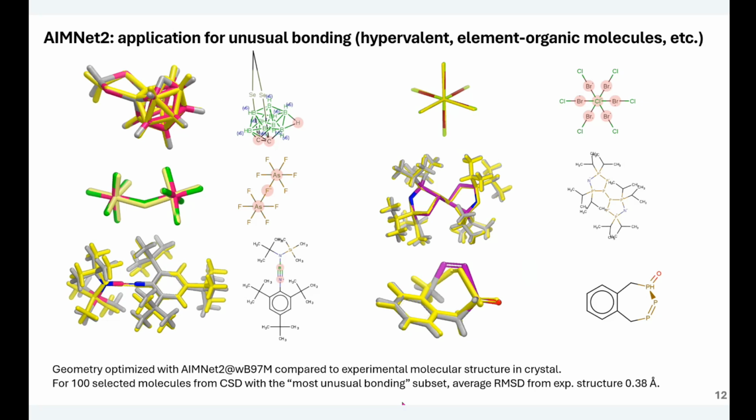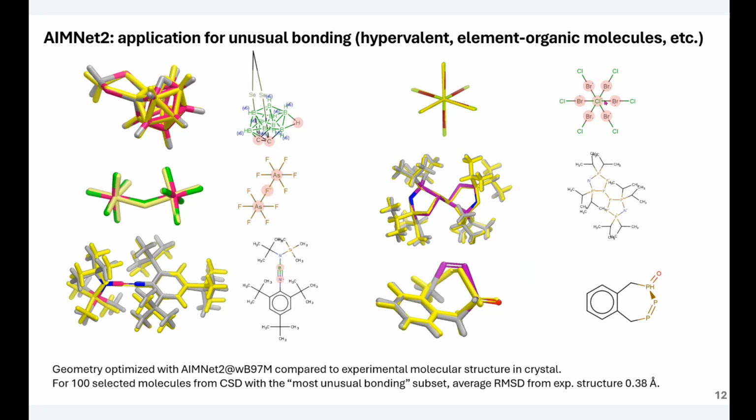So those chemical situations, chemical bonding that has the least number of representatives in the CSD. And there are some examples from that list. It's very, I would say, interesting molecules like this one, a 6-coordinated chloride ion. It's a true story. It's there. It's a crystal structure. It's experimental.